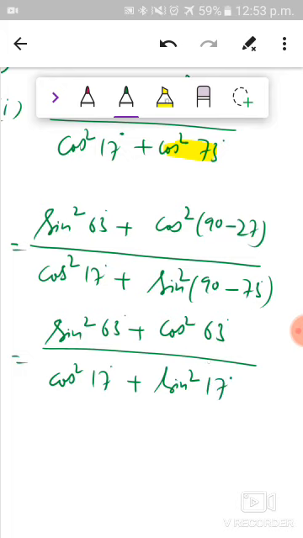So you will see in the numerator we will have the identity sin² theta plus cos² theta, that is equal to 1. Denominator cos² theta plus sin² theta, again the identity, that is equal to 1. So our answer is 1 here. Like this you can do other parts also.